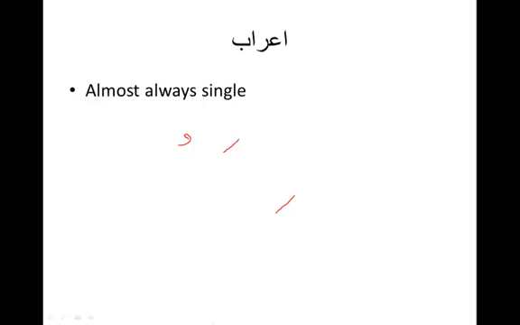So the only exception, pretty much the major exception, is when you use proper names. Proper names, sometimes they have single, sometimes they have double. They are single if they don't have a root, and they are double if they do. So it's like Zaydun, Muhammadun, Fatima. It might have a root, but all feminine names are pretty much with the single.